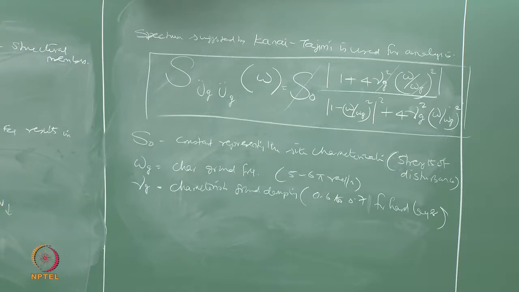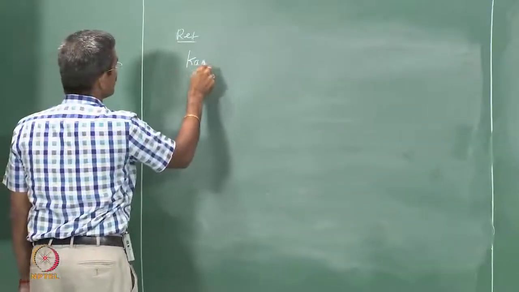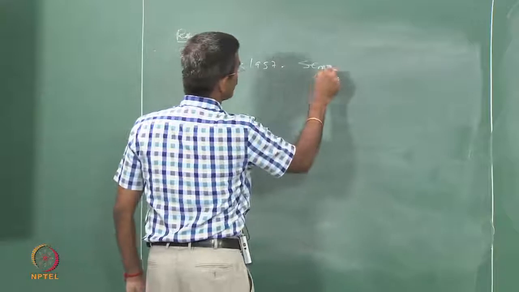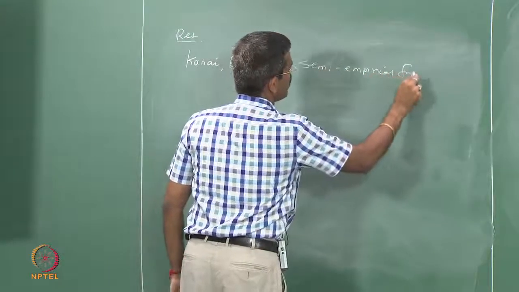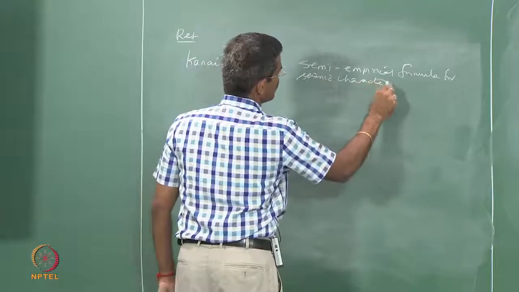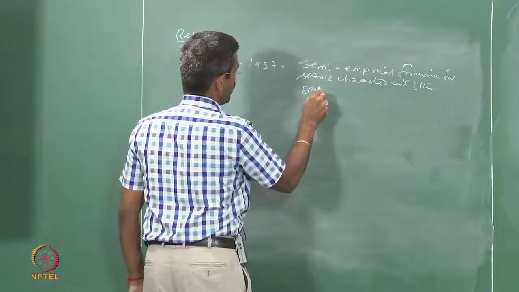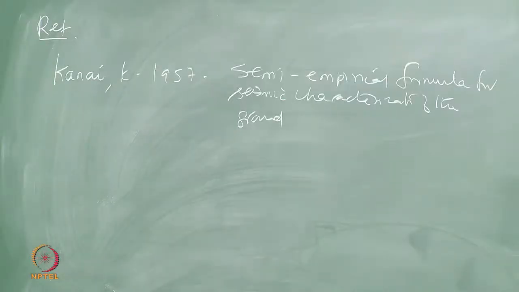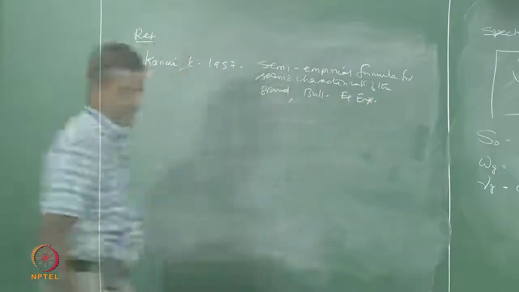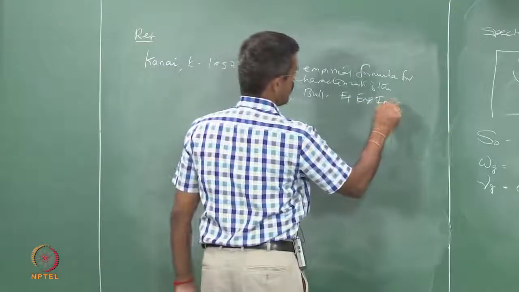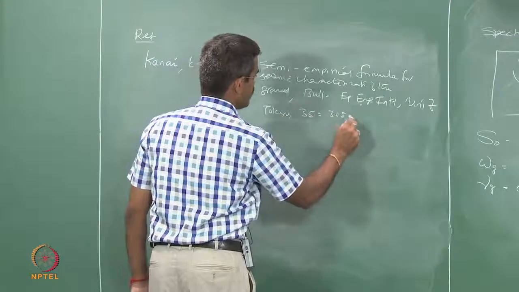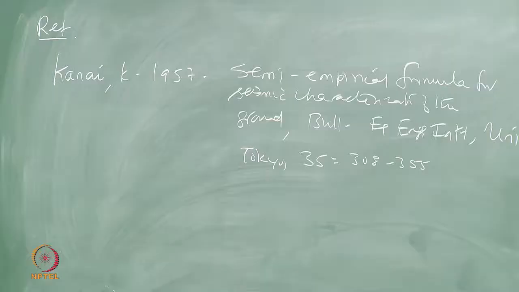This was given in 1957. Semi empirical formula for seismic characteristics of ground, Bulletin of Earthquake Engineering, Institute University of Tokyo, 308 to 355, no 325 sorry.